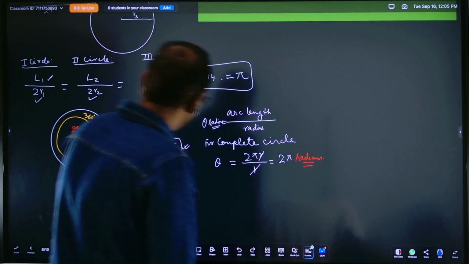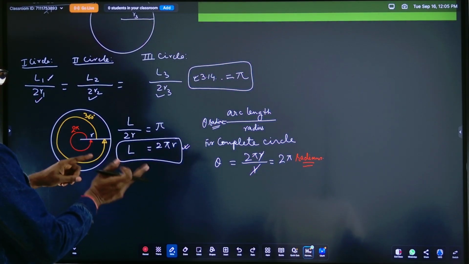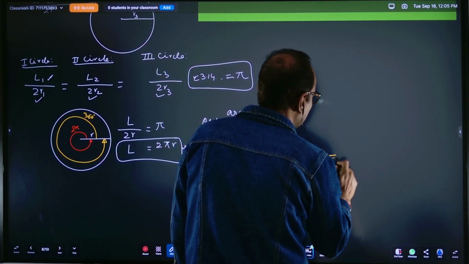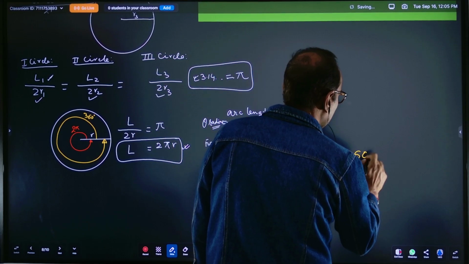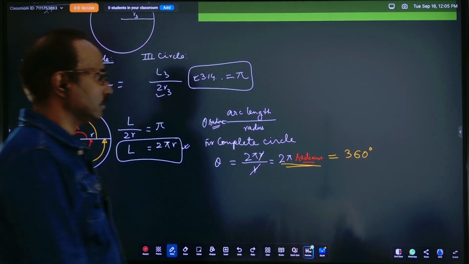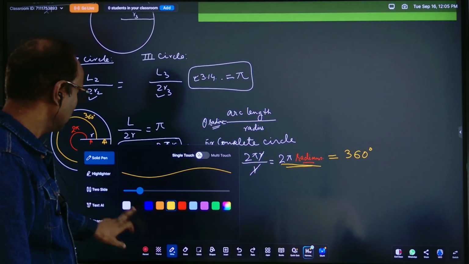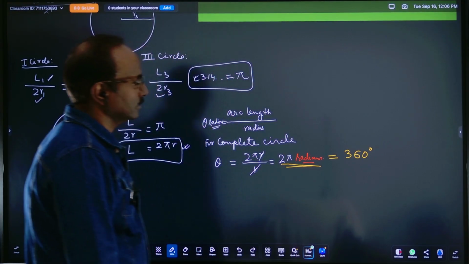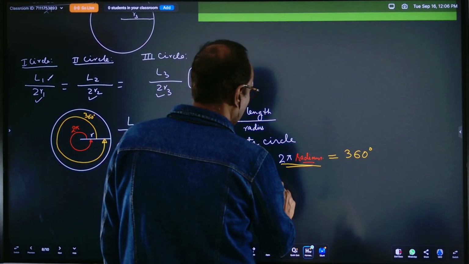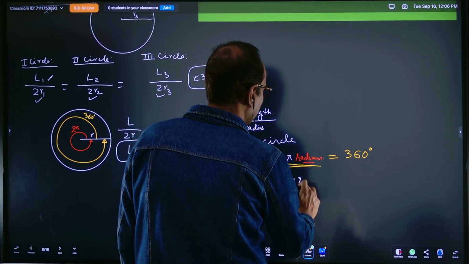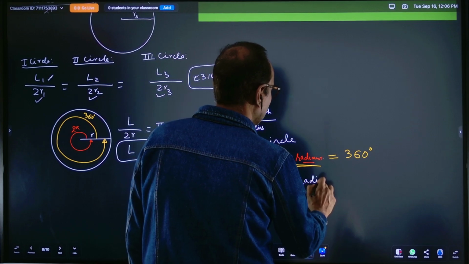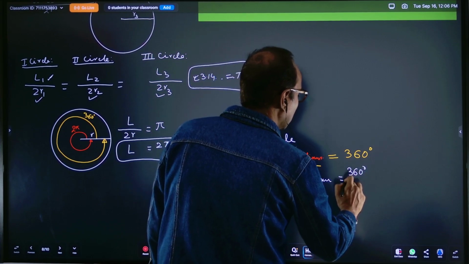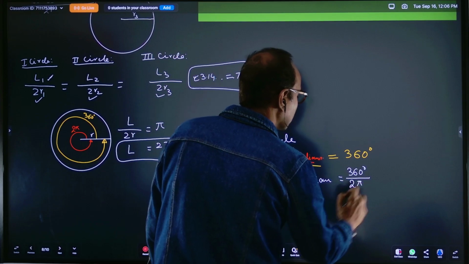So we can easily interrelate degree and radians by saying 2 pi radian is equivalent to 360 degrees. It means 1 radian will be 360 degrees divided by 2 pi.